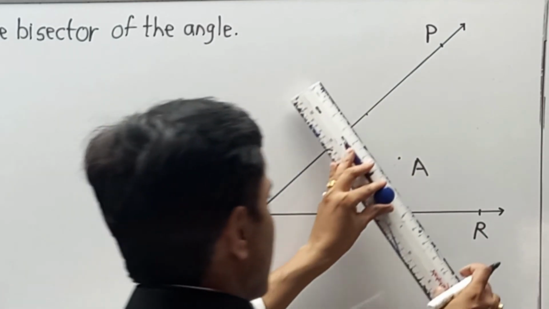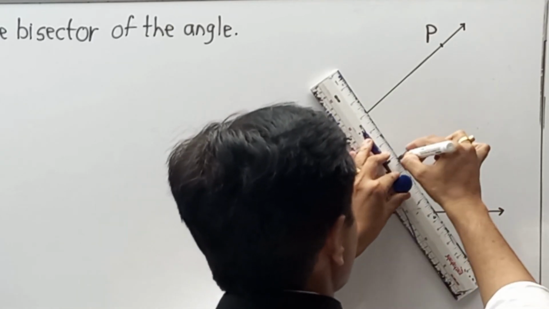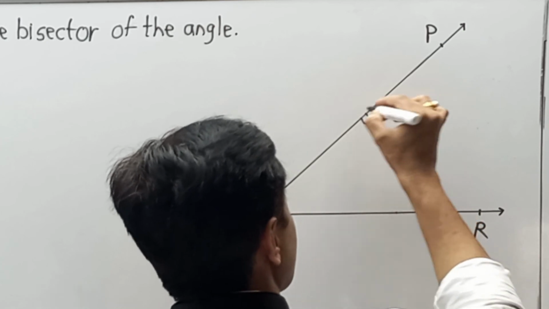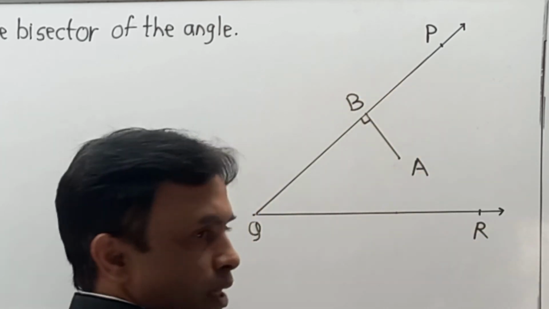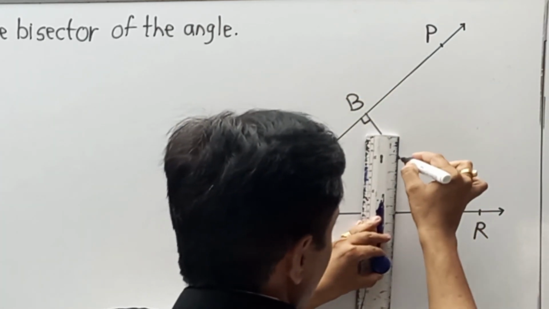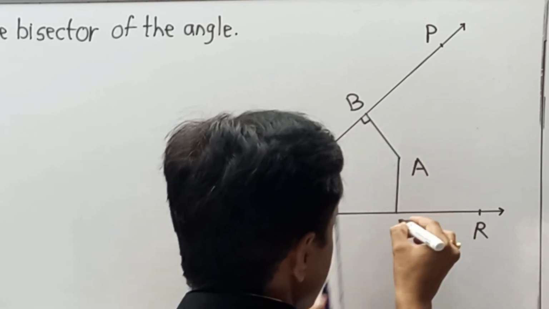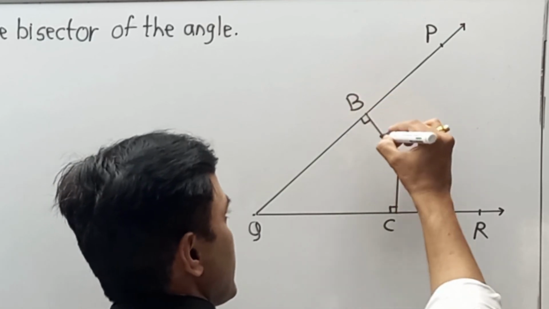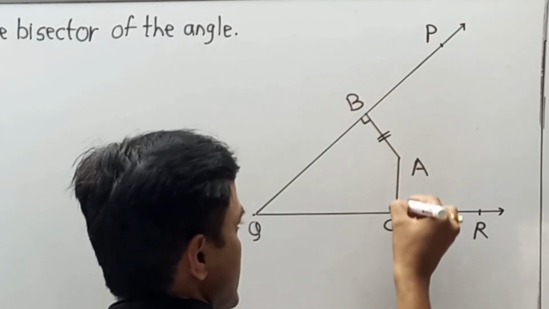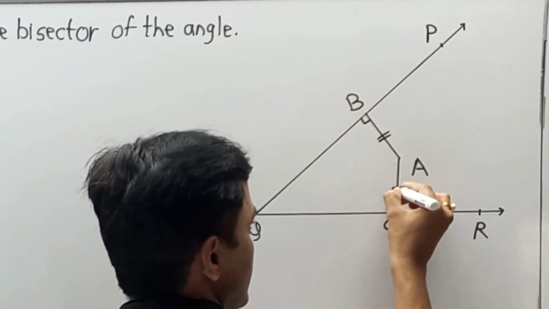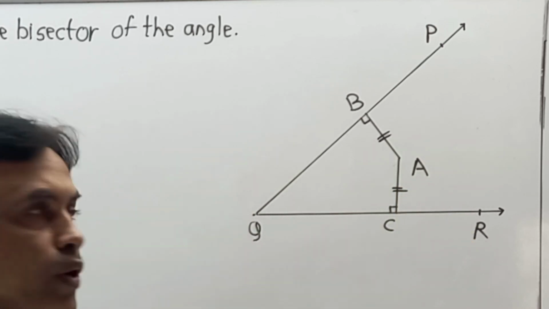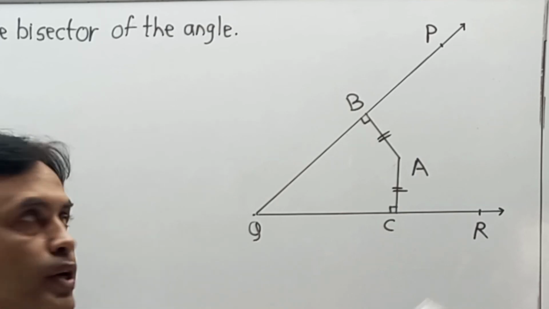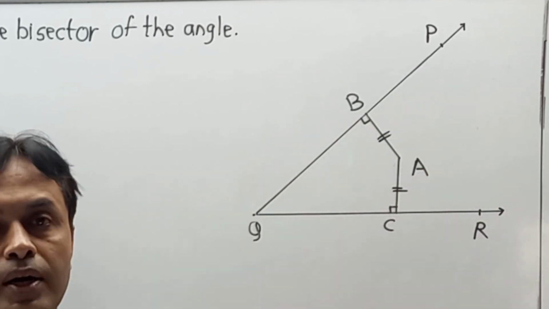Means here I am going to draw the first perpendicular, that is AB over here, and from here I have drawn another perpendicular AC over here, and we already know that AB in terms of distance is equal to AC in terms of distance. Means we already know that AB equals AC, where A is the interior point in angle PQR.